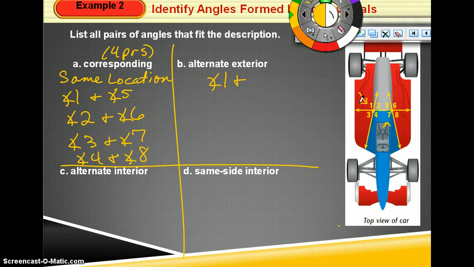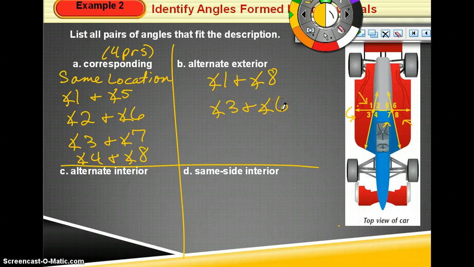So we need opposite sides, so now we need to look at below, so down here and over here to the right, so 8, angle 1 and angle 8. And then another exterior angle would be 3 and angle 6.